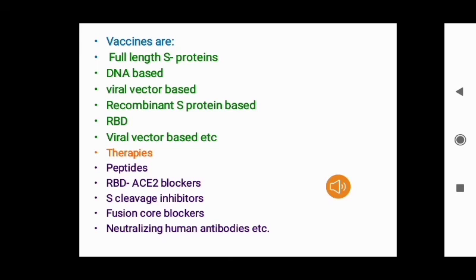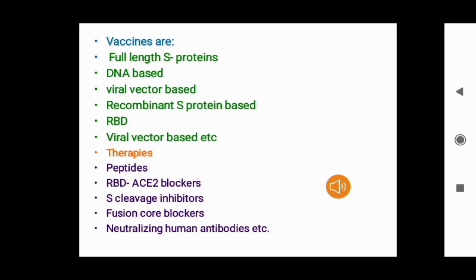Another one is the recombinant S protein based vaccine. Advantages of this vaccine are that it induces high neutralizing antibody responses and protective immunity. But the disadvantage is that it mainly gives humoral responses and needs repeated doses and adjuvants.